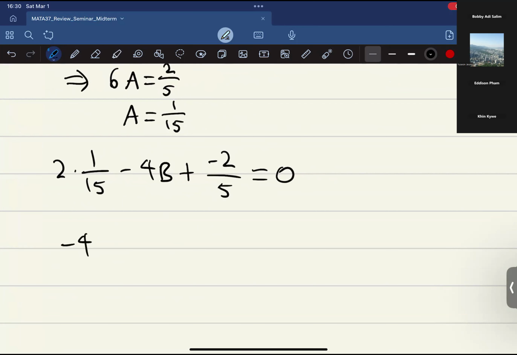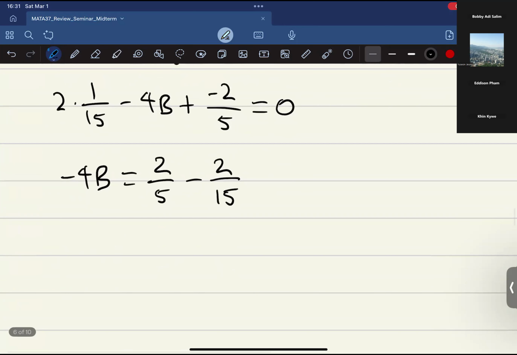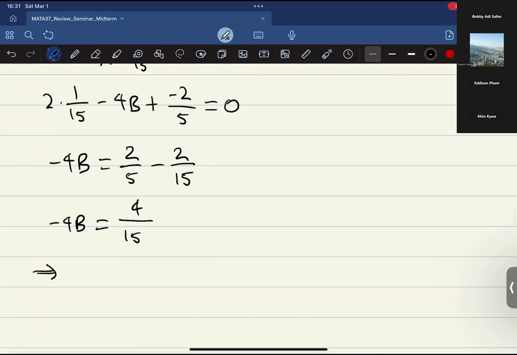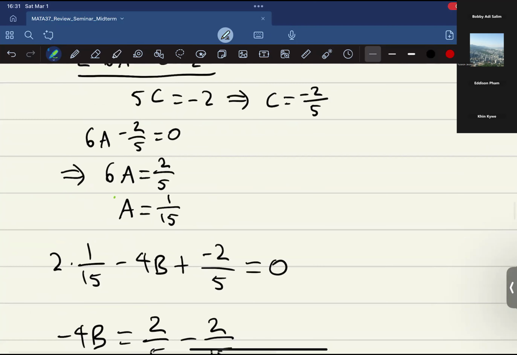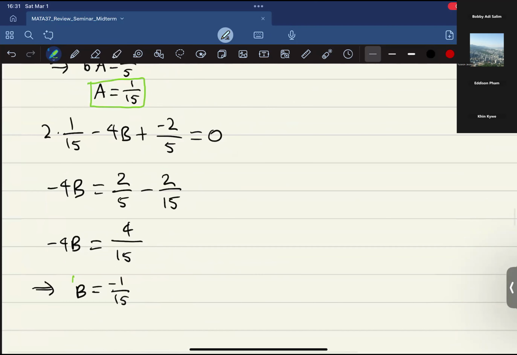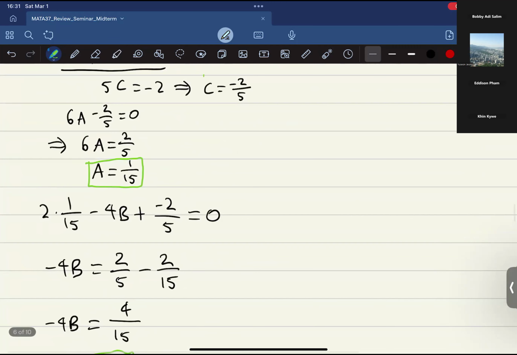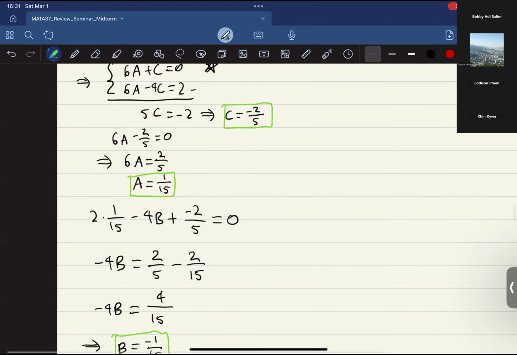So minus 4b is equal to 2 over 5 minus 2 over 15, and this is equal to 4 over 15. So we get that b is equal to negative 1 over 15. So here we have our values of a, b, and c, and we're done with our PFD. Any questions so far?